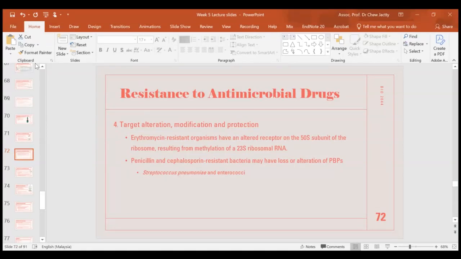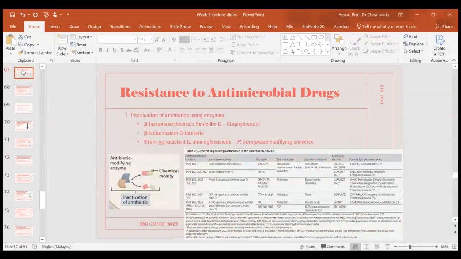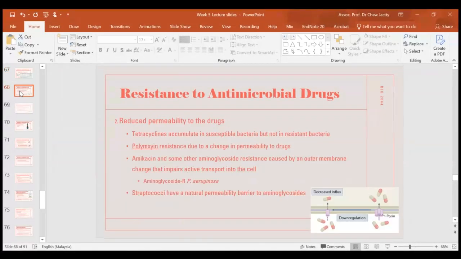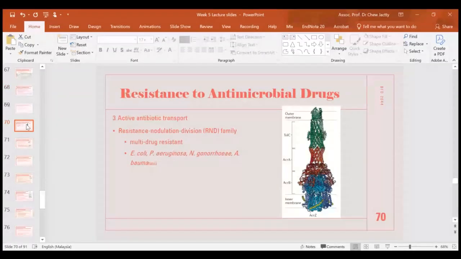So these 5 mechanisms, let me just quickly summarize. Bacteria can produce enzymes that make the antibiotic useless. They can also reduce the intake of antibiotics by changing the permeability of the cell, so less drugs go in. If antibiotics get into the cell, they can try to pump the drugs out.